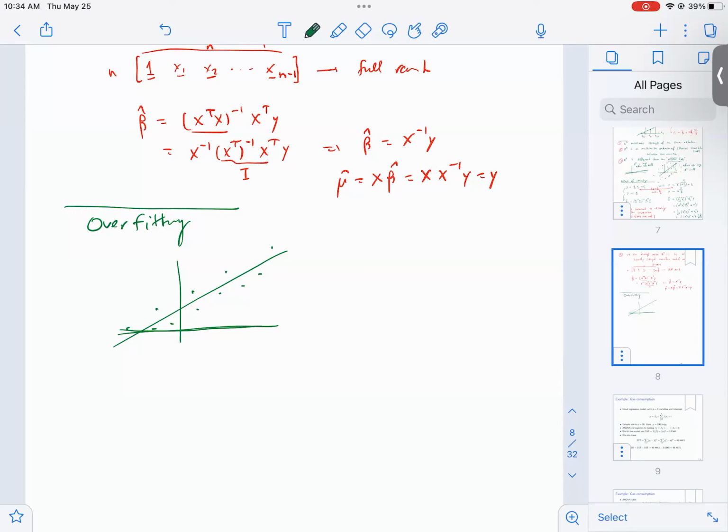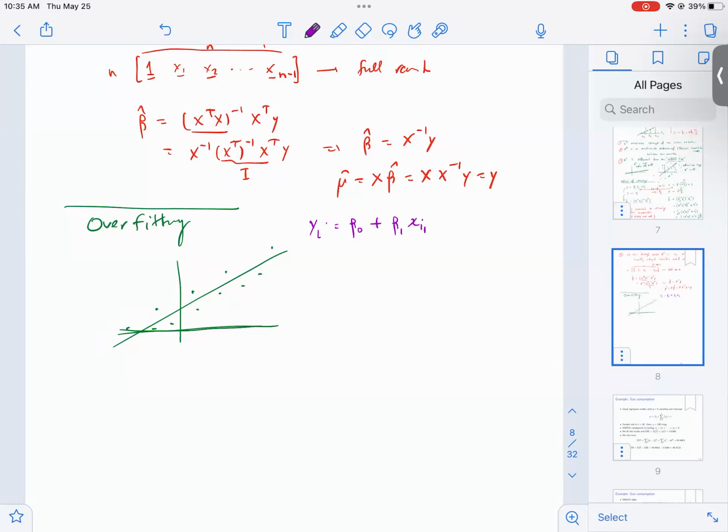I have a bunch of points here, especially if you have few points. And later on, if you get more samples, they're going to be around this line, randomly scattered. The actual model is yi equals beta 0 plus beta 1 xi1.